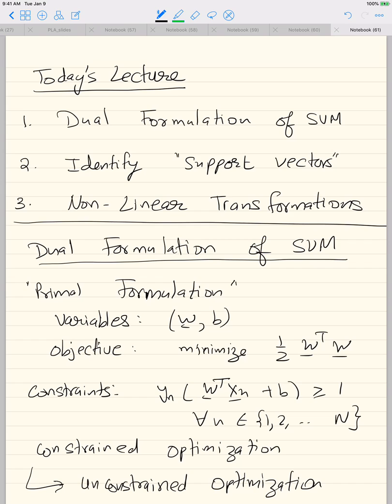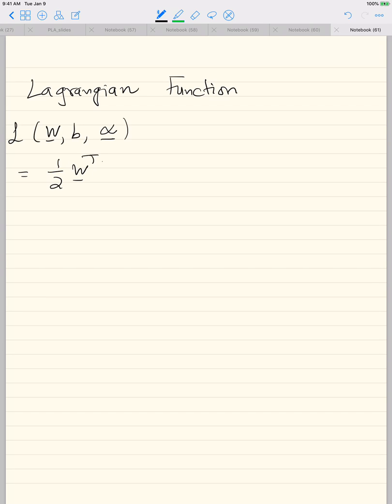To transform a constrained optimization problem into an unconstrained one, we use what is called a Lagrangian function. So the Lagrangian is a function of the weight and bias, and it also has some new variables which we'll denote by alpha. It is obtained by taking the objective function, which was half w transpose w, and subtracting a contribution from each of the constraints.